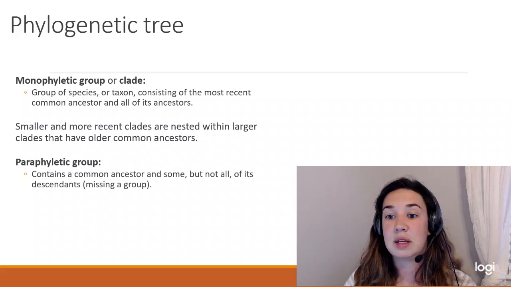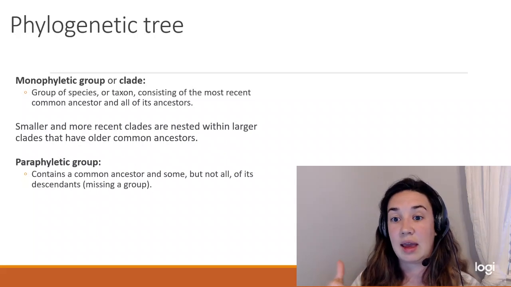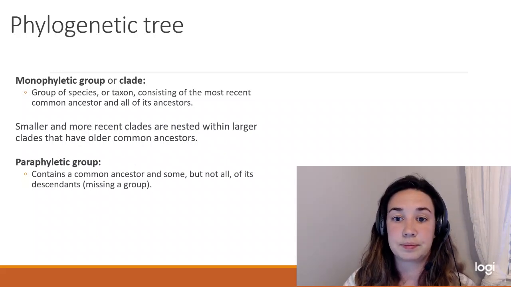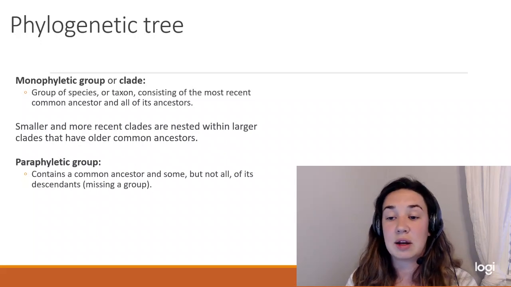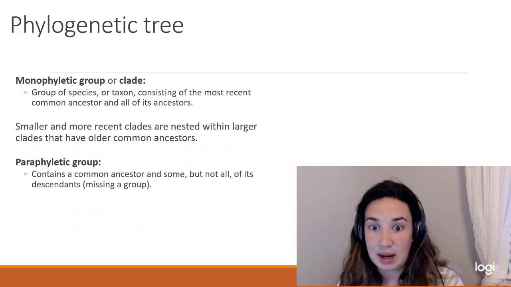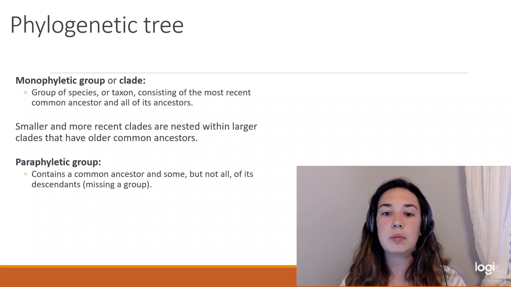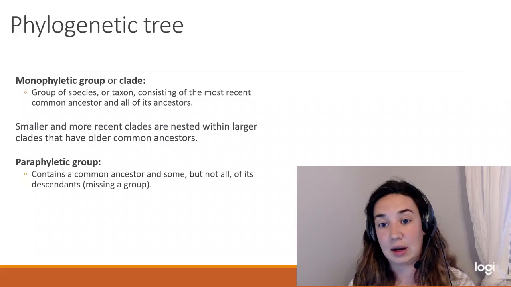So this is basically looking at the ancestor and all the descendants that came from it. Smaller and more recent clades are nested within larger clades that have some older common ancestors.